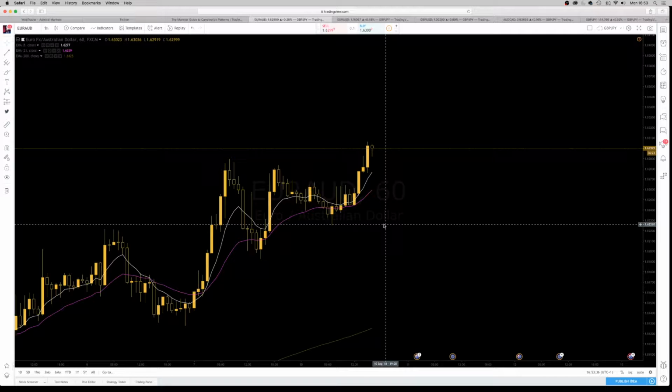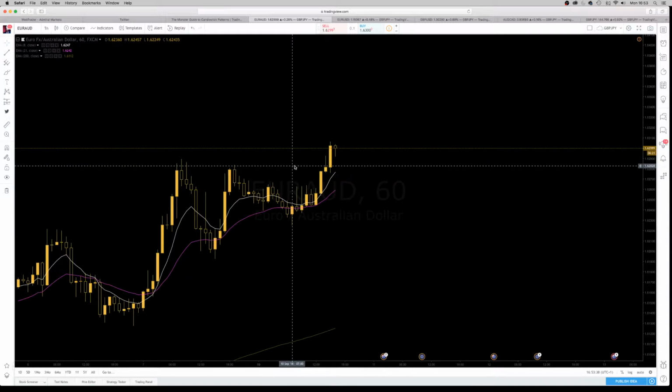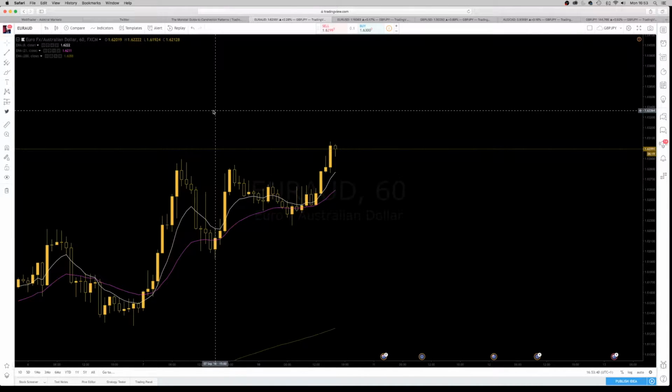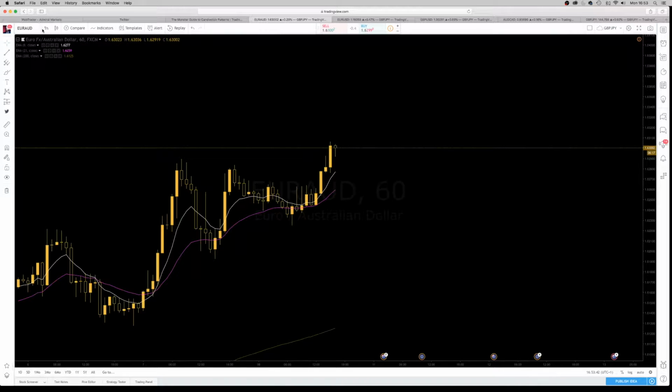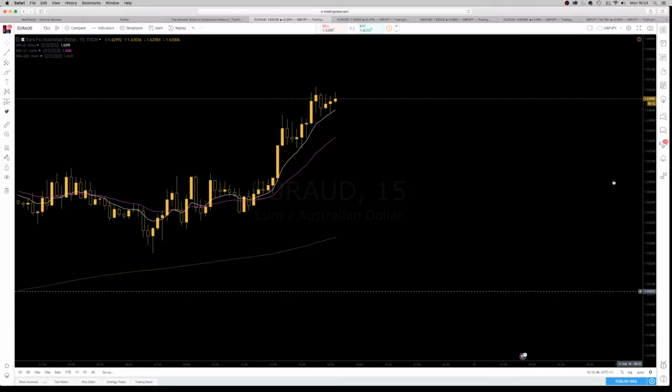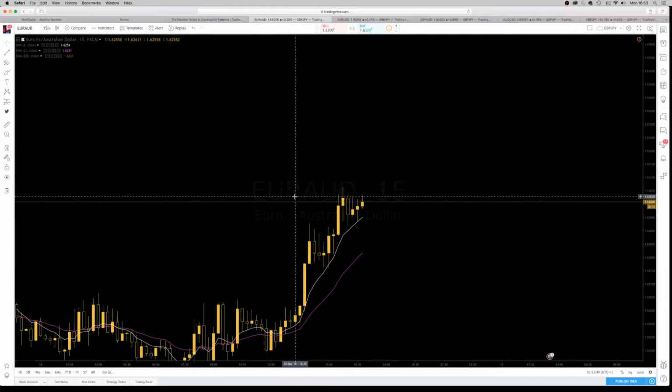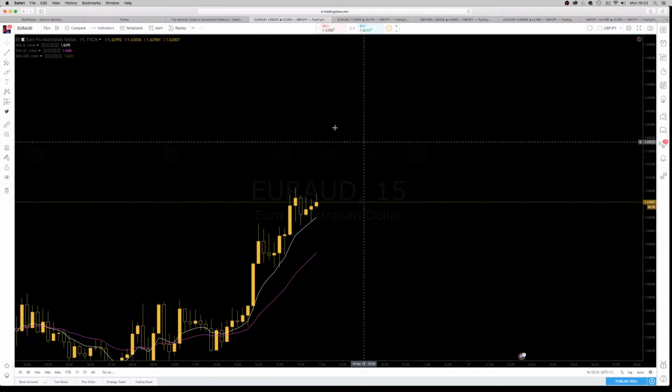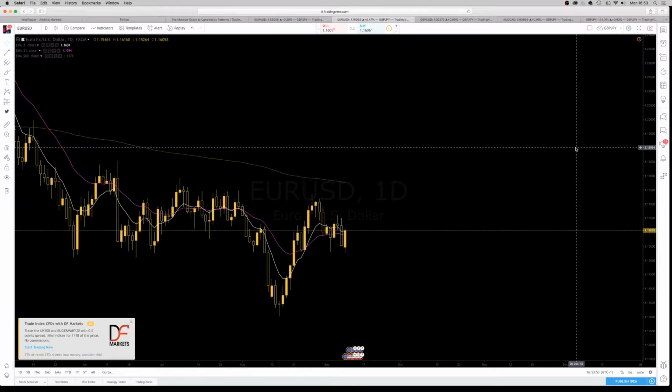So it's difficult to say. I'm looking for the hour chart. On the 15, it does appear that there is a continuation pattern forming, and certainly the trend continuation would be above these highs. So we'll see what happens on the Euro Oz.